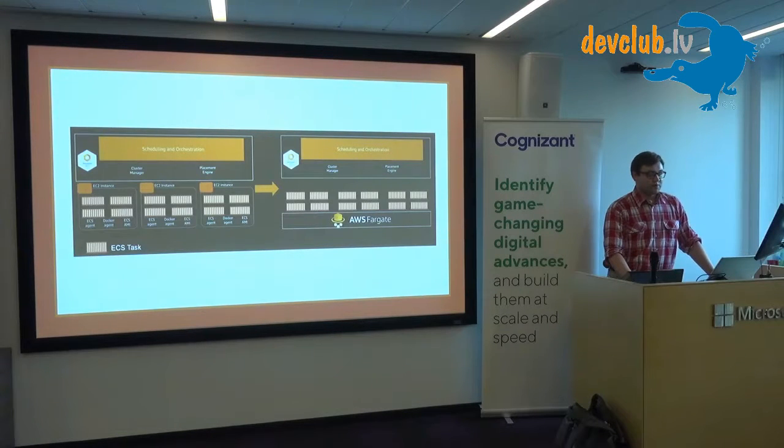This is a comparison of how it looks between ECS and Fargate. On the left side we have the EC2 approach in ECS, with multiple containers running on EC2 instances, and on Fargate it's just without complicated things. There are some pros and cons.